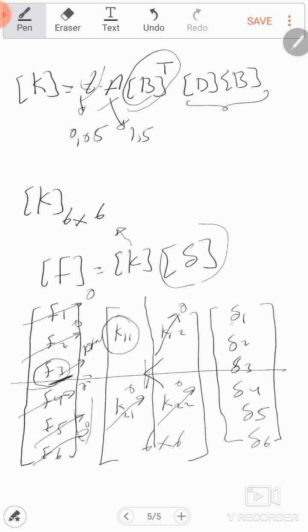The displacement of node number 1 equals 0, because as you see it is exactly on the cross of the x and y directions. So just find the displacement of node number 3.